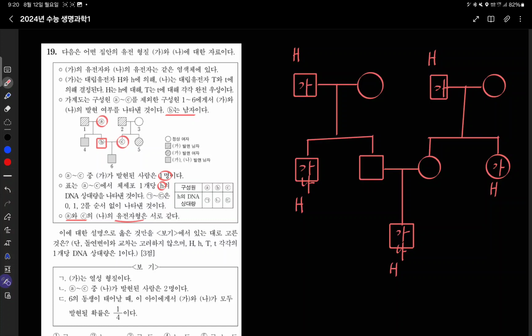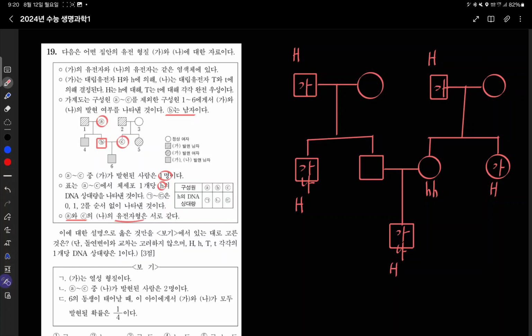But there is a problem in this assumption because either A or C is homozygous for lowercase h allele. If C is homozygous lowercase h allele, her son cannot have capital H allele.